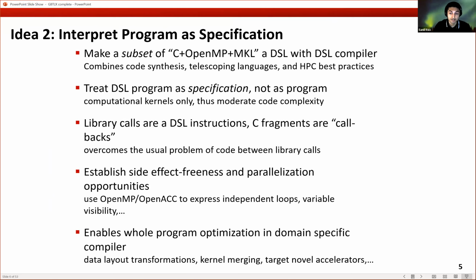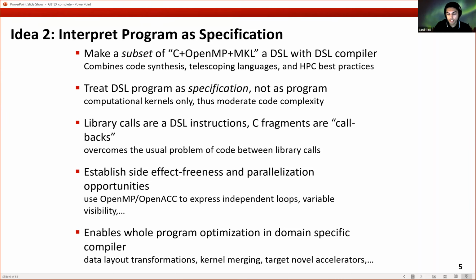Now we can utilize this DSL consisting of those 3 distinct pieces: the base language, a parallelization framework or technique, and an underlying library, to understand the semantics of the application and find areas of optimization via a specific domain-specific language compiler. The application we have is no longer an application in the traditional sense, but rather a specification.